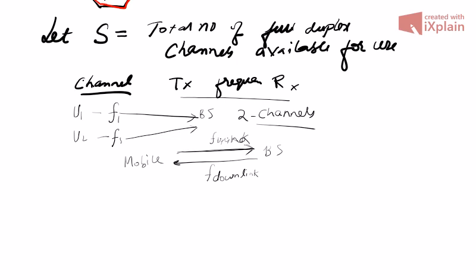Now each cell, let it be denoted by small k. What is the small k? It is a number that each cell is allocated, k channels.